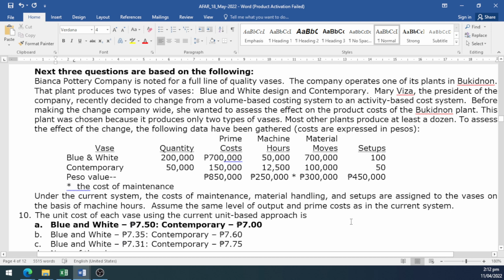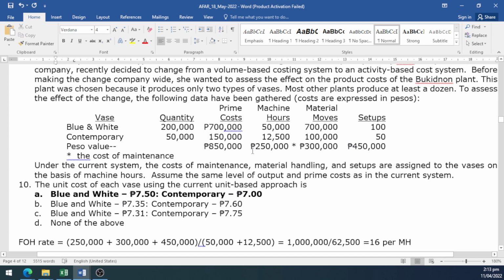And the overhead is assigned on the basis of the machine hours, ano? Ito. Under the current system, the overhead cost is assigned on the basis of machine hours. That's plant-wide system, ano?